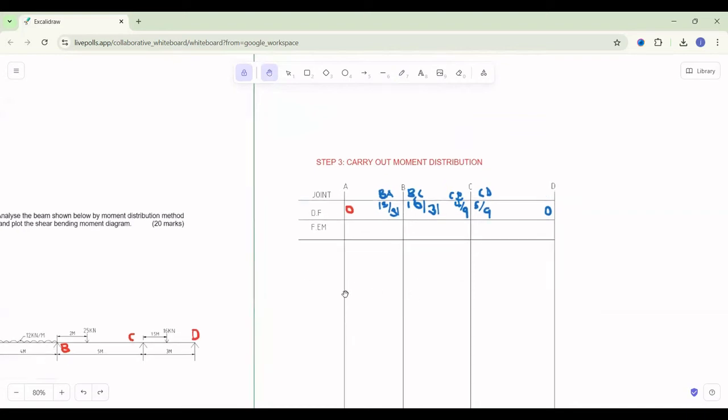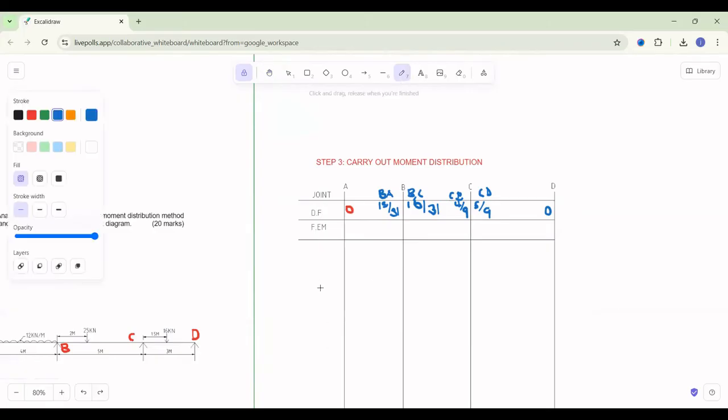Okay, so the fixed end moments we had already calculated, so we just feed them directly in this table. This will be negative 10, this will be positive 10, right?